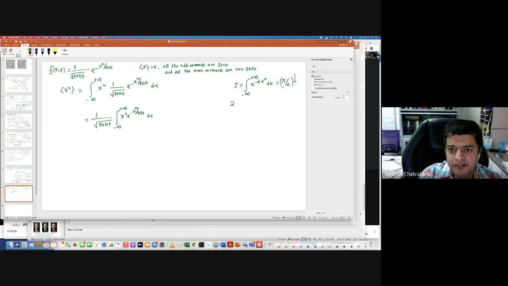Now if I take this integral and I just differentiate with respect to alpha, what am I going to get? I'm going to get minus the integral, isn't it?